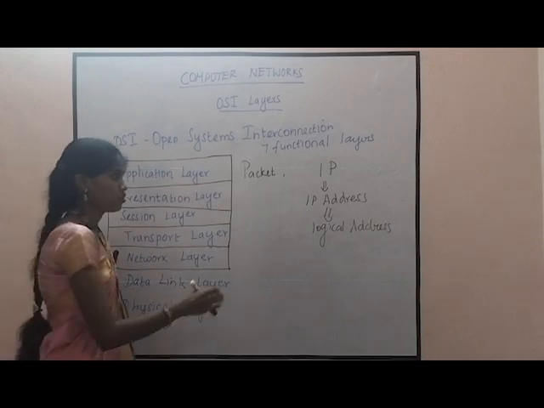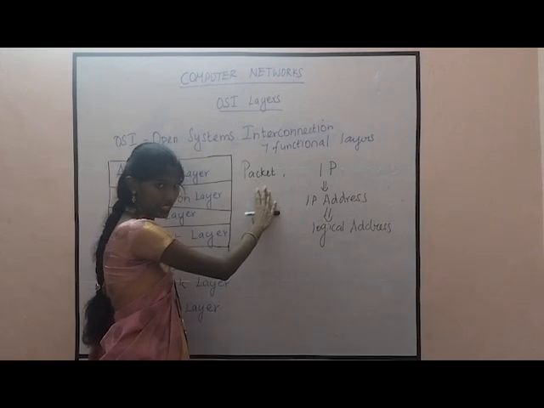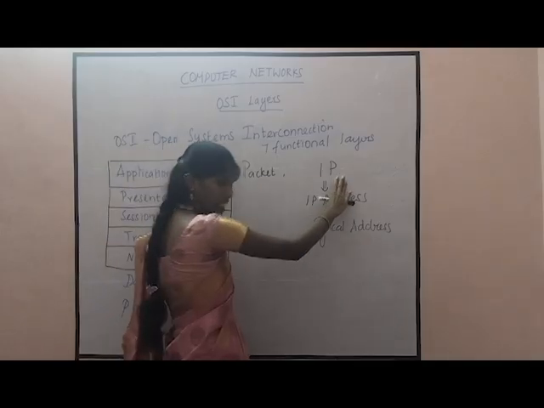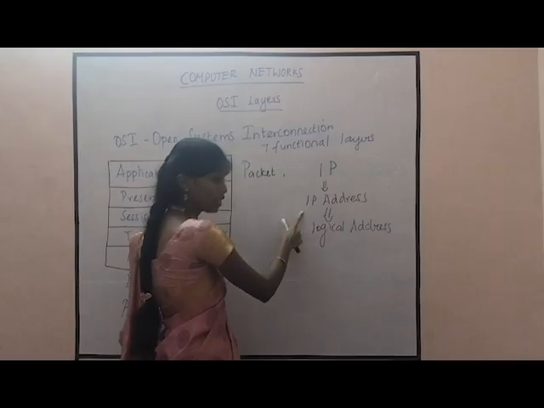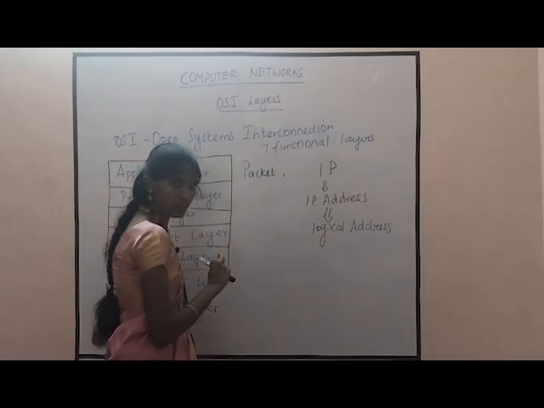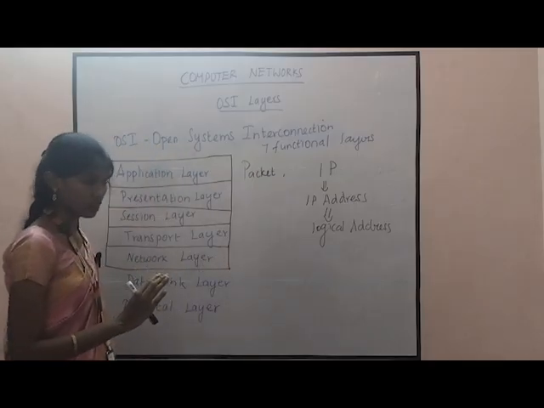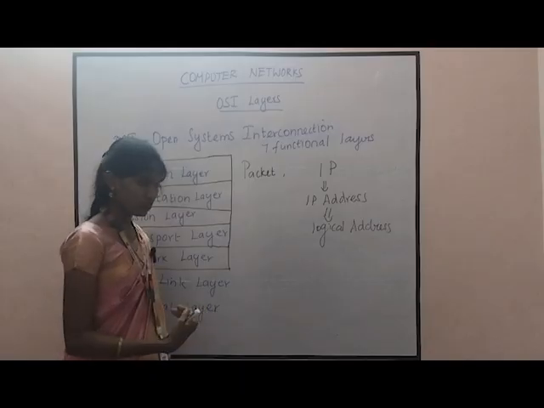So here the data is considered as packets and the protocol mainly used here is Inter-Networking Protocol, and here we use one address called the IP address. We call it a logical address, something logical, not physical. We have a physical address too, that is in the next layer. We'll come to that later.